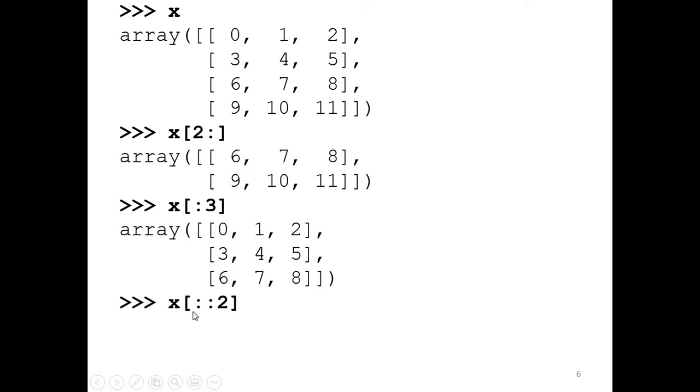If you write colon colon 2, that means it will start from the beginning, end at the end, and the jump will be 2. That means the step size is 2. So you jump and you come to the 0th element and the second element, 6, 7, 8. Okay, so you get this.